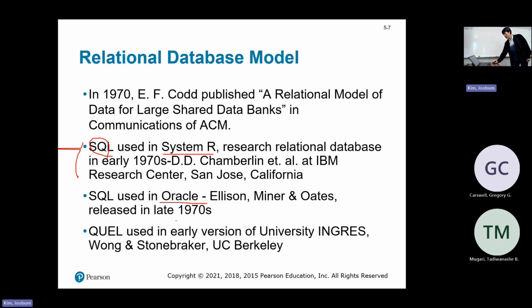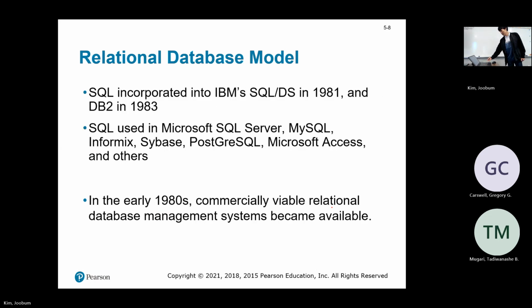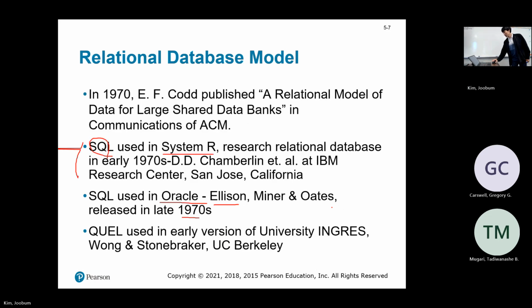Oracle released the first commercial relational database in 1979, maybe, using SQL. Larry Ellison is currently the CTO of Oracle, but those three persons were the founders of Oracle. And the first relational database started from the IBM Research Center.